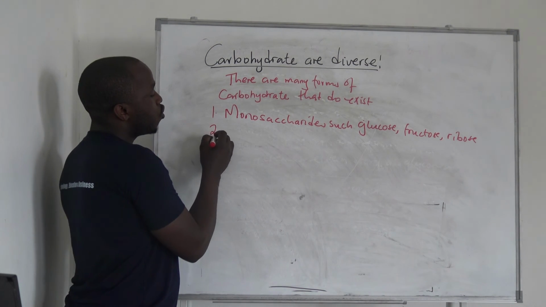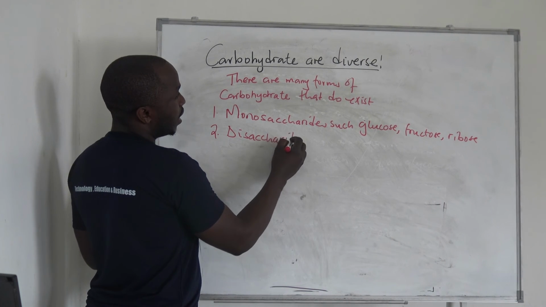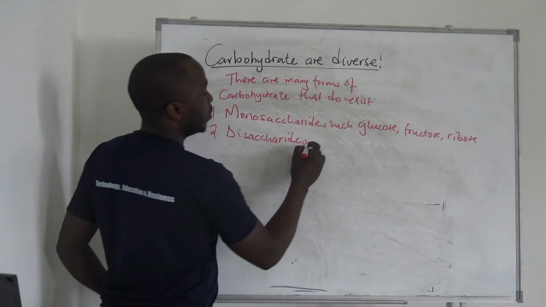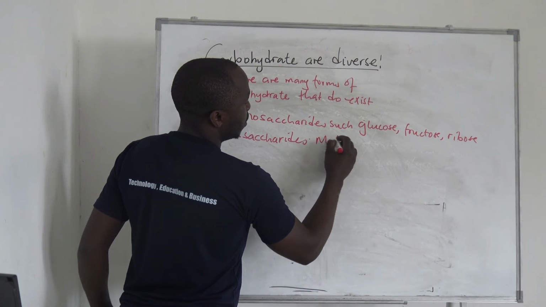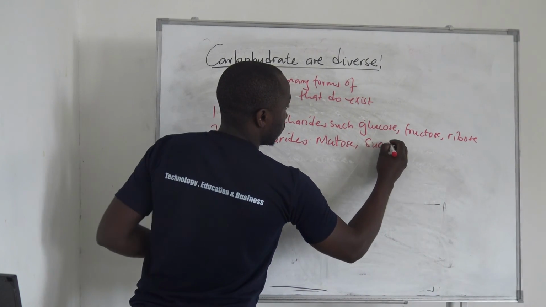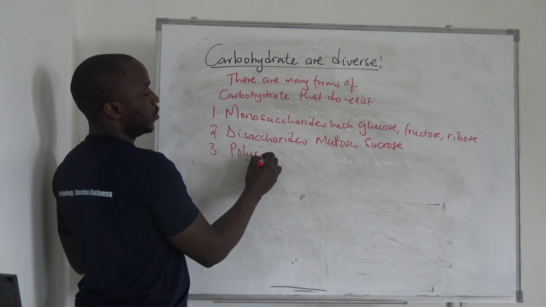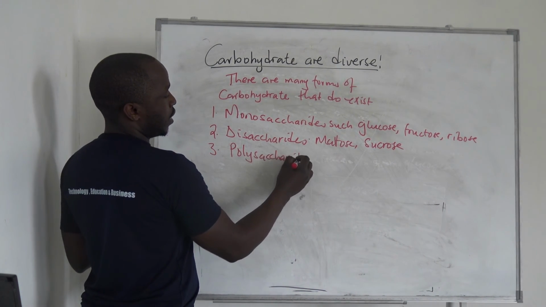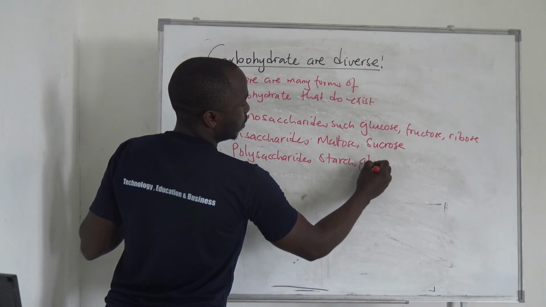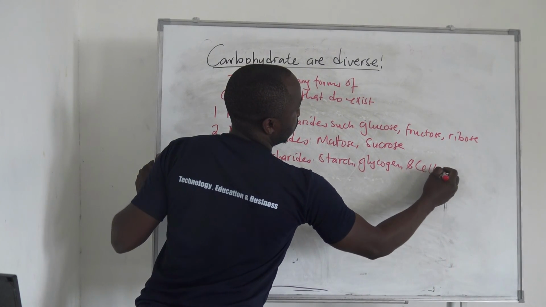Then going to disaccharides, there are more disaccharides. We know that maltose is there, sucrose is there, and then up to when we have come to polysaccharides, where we have found starch, glycogen, and cellulose.